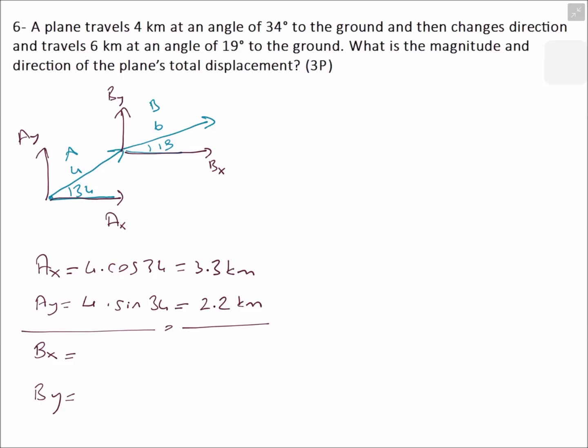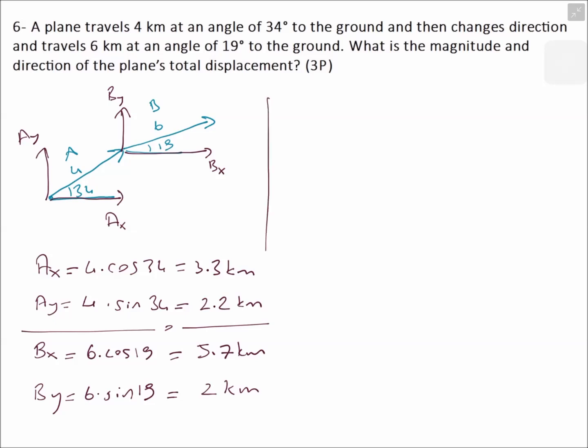B times cosine, that means 6 times cosine 19, and 6 times sine 19. 6 times cosine 19 is 5.7 kilometers. 6 times sine 19 is 2 kilometers.